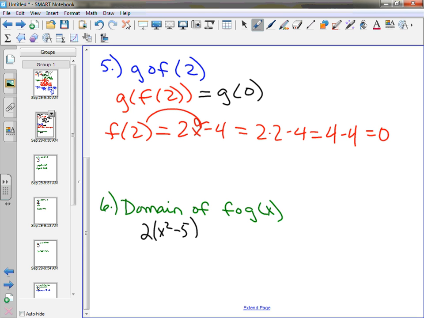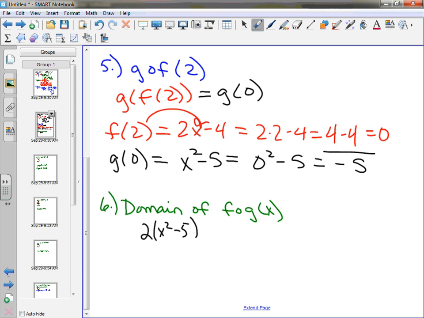So now that I know what F at 2 is, it's 0, I'm doing the G function at 0. So what's G defined to be? X squared minus 5, which is going to be 0 squared minus 5, which is just -5.